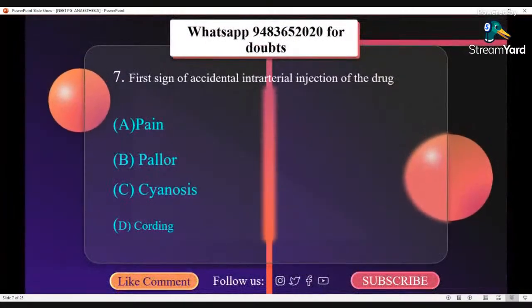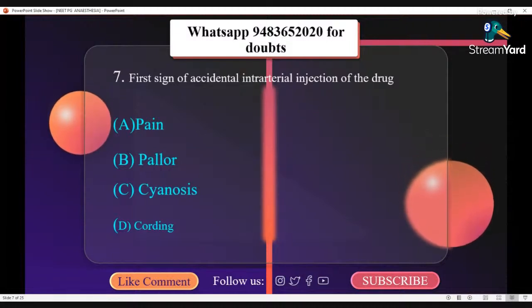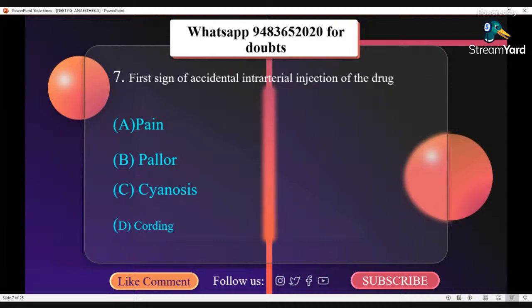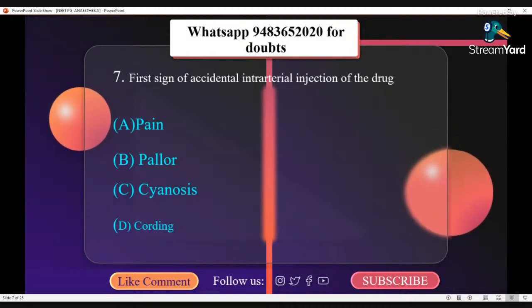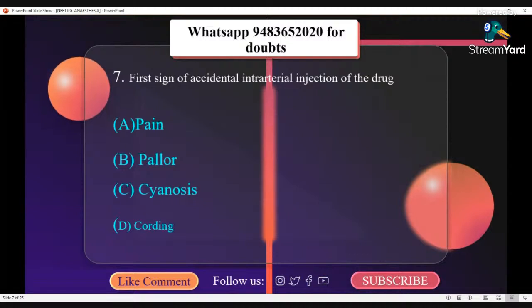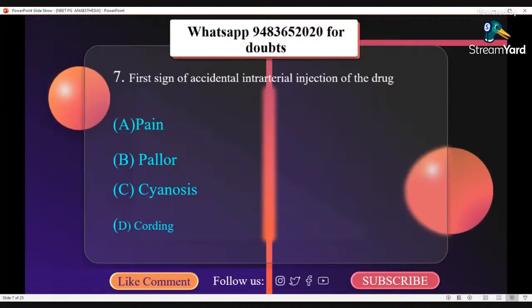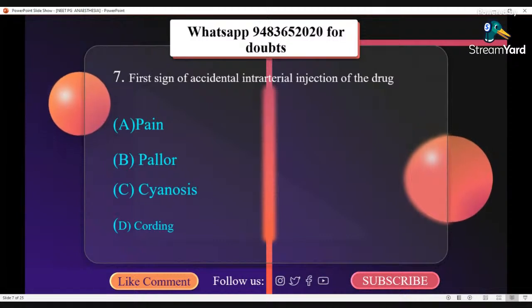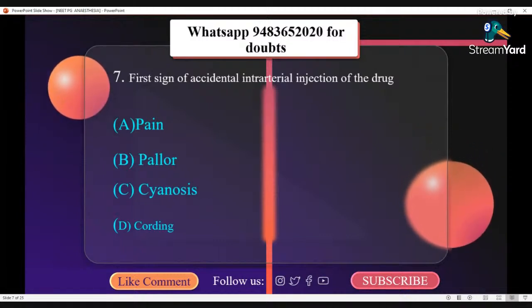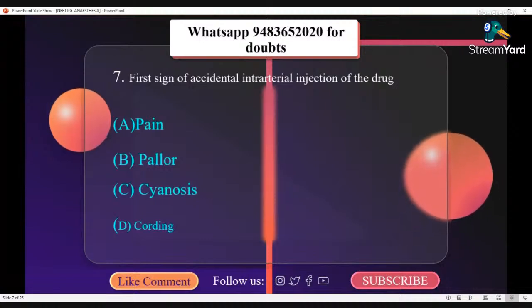First sign of accidental intraarterial injection of drug is pallor. The first sign is pallor and the first symptom is pain.